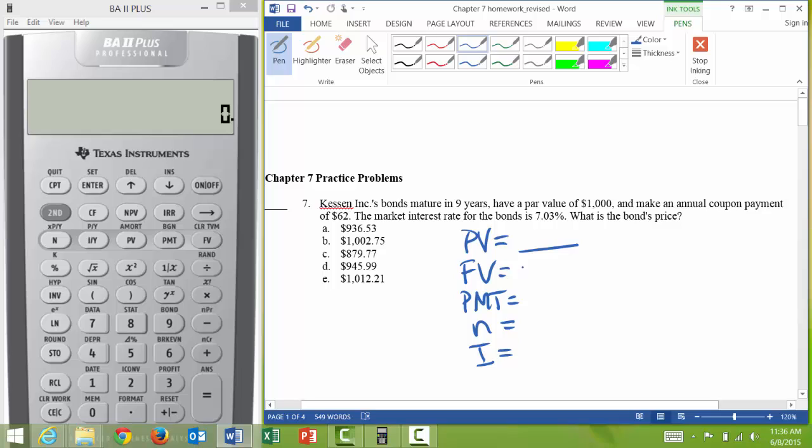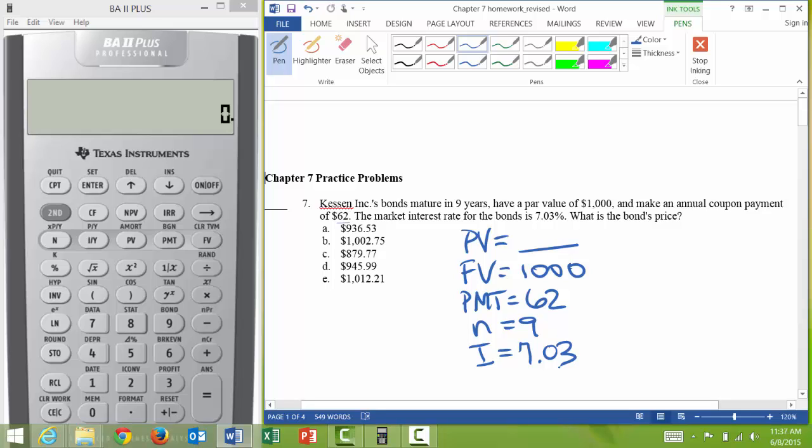And so far we know the future value is going to be 1,000 because that's the par value. The payment they told us was $62. They didn't make us calculate it with the coupon rate. N is 9 years and I is 7.03%.